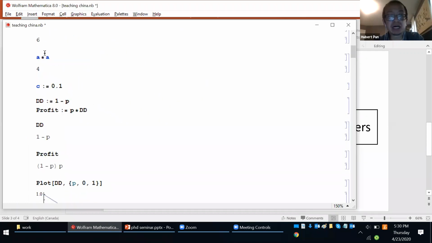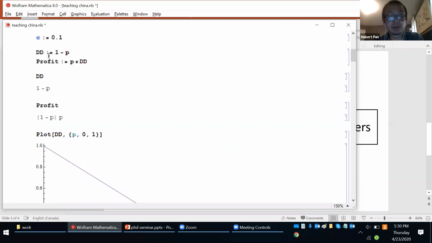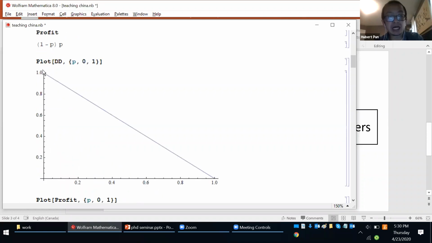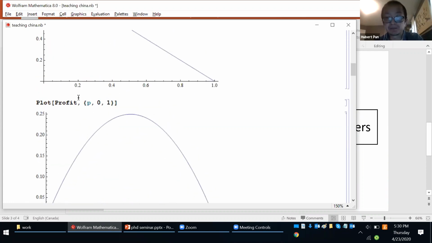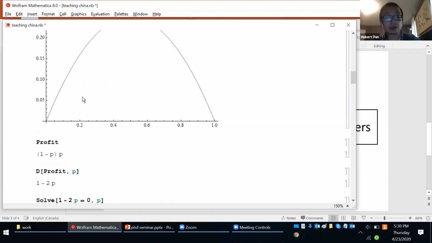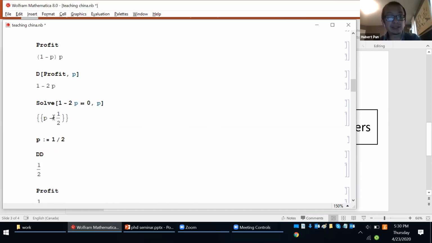So before, cost equals 0, okay, not 0.1, but 0. And then after we plot, we have the optimal profit. What we find out is that the optimal price is 0.5, and the optimal demand is 0.5.